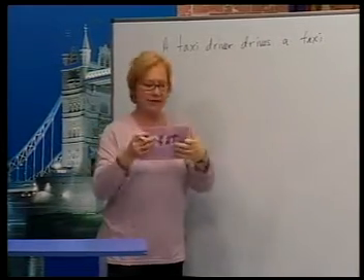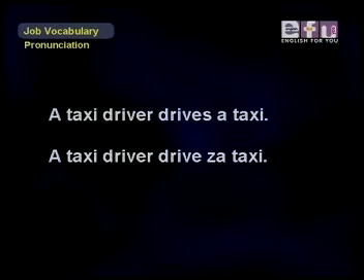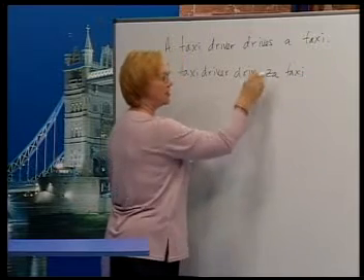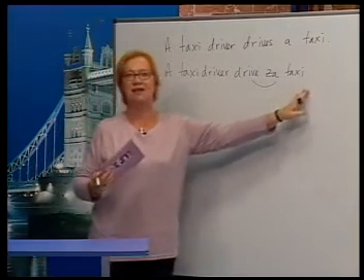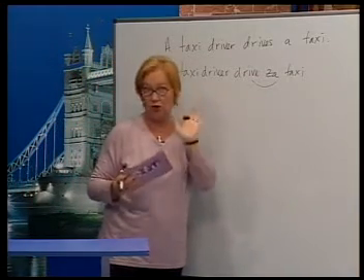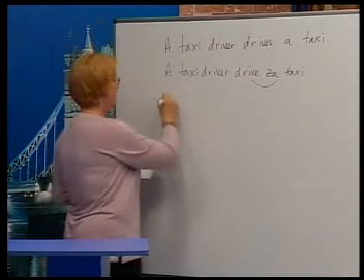But we put it together. It sounds like this. Don't write it like this. A taxi driver drives a taxi. Okay, so these go together. This is for the sound only. All right? Let's look at another one.